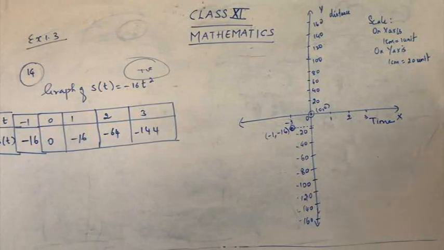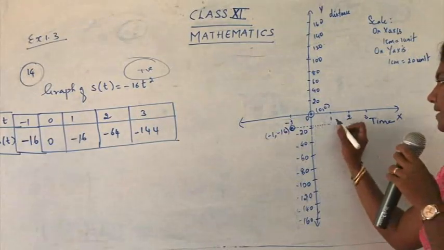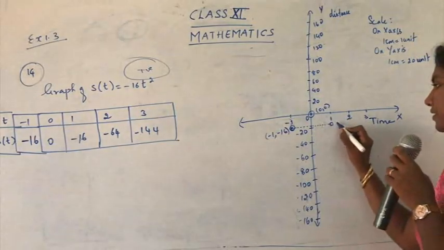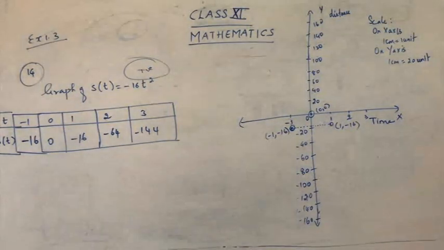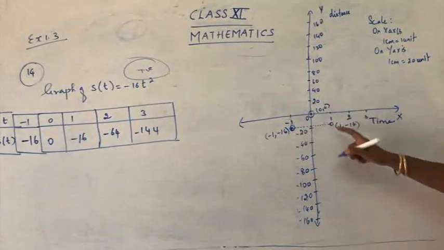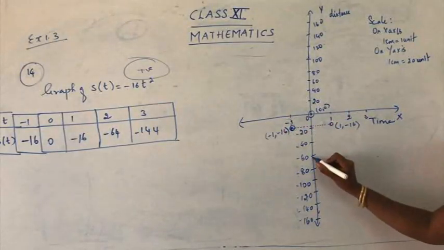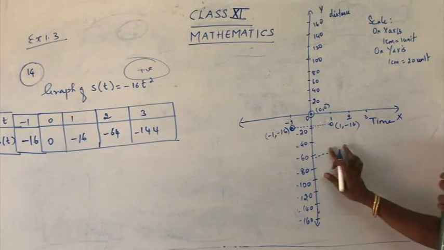1, -16. Follow the same line, okay? 1, -16, somewhere here. Next, 2, -64. Where will 64 come? Somewhere here, yeah? Close to this, don't write here, okay? Plot here.